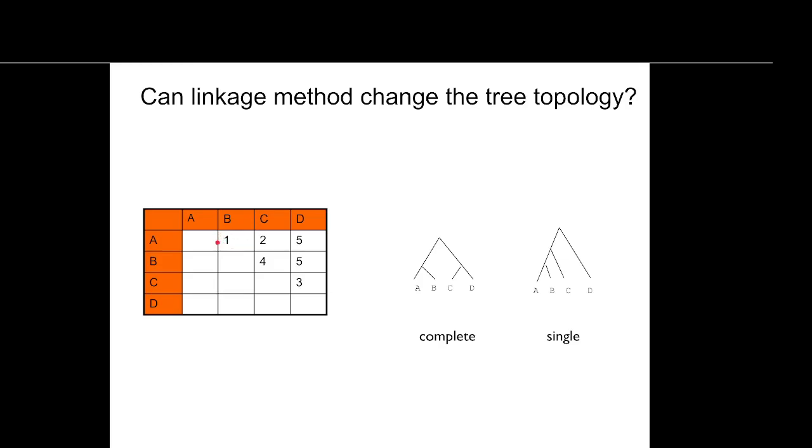And then since A had a distance of 2 to C, that gets chained up. And only then in the final step, D gets merged. And that also is seen as very favorable because from C it just has 3 as distance. So those two trees have the same leaves in the same order, but the topology of the tree is actually different between those two choices.